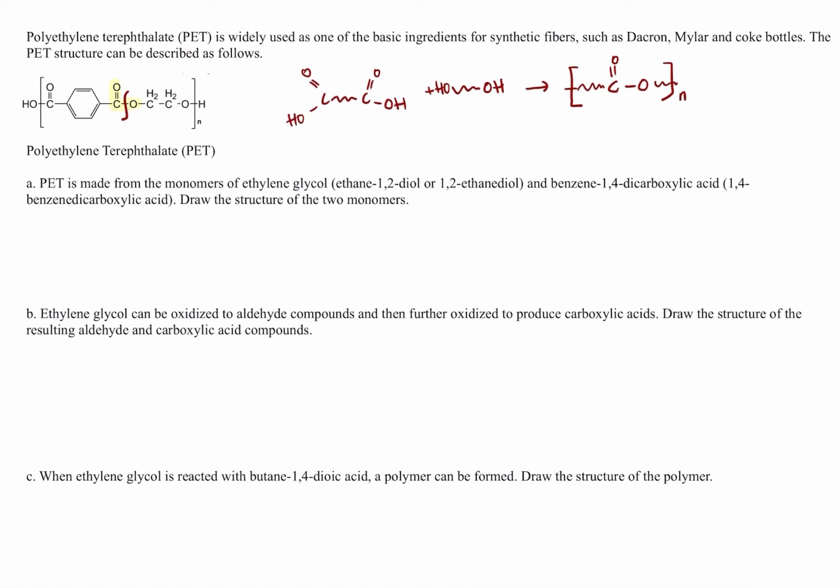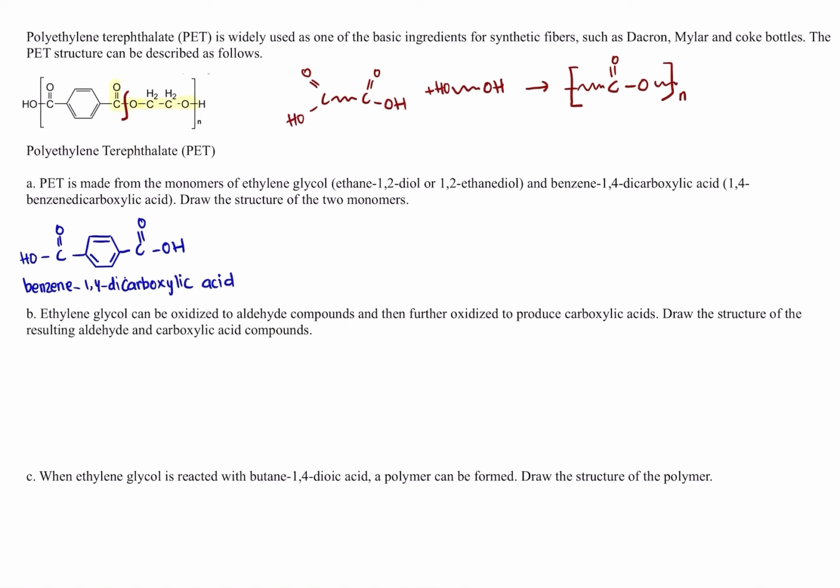So the first one should be the carboxylic acid and the other one should be the alcohol. So in that case, the monomer here should be this one, and this is the benzene group, and this is the COOH. Now this one here is the dicarboxylic acid. So this is basically the benzene-1,4-dicarboxylic acid. And the other one comes from this side. This is the alcohol side.